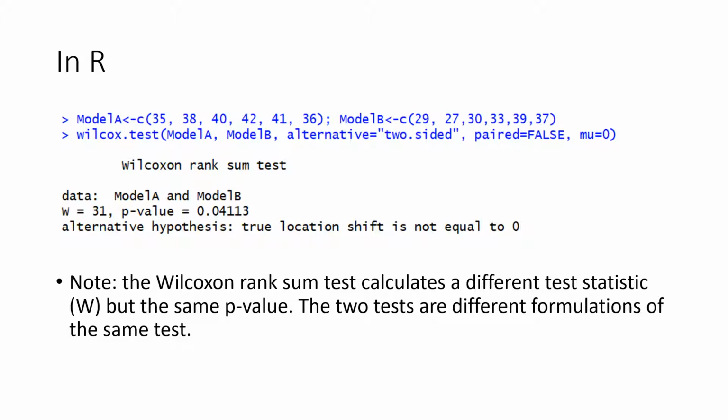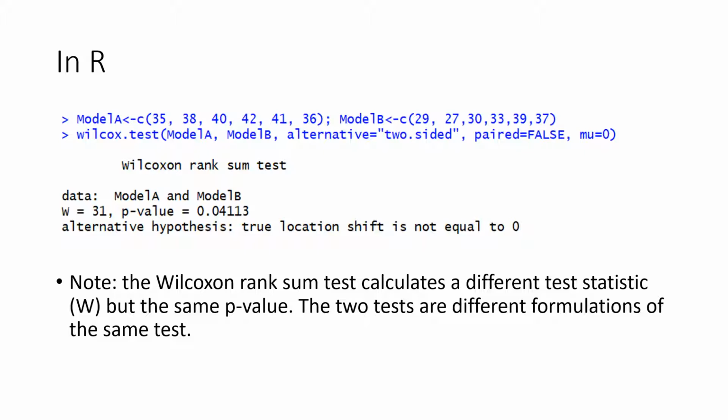My data are contained in the variables model A and model B. My alternative is two-sided, and mu equals 0 just means that I'm testing to see if there's no difference in means versus an alternative that there's some difference. And again, the Wilcoxon rank sum test comes out, and it gives us a different test statistic because the Wilcoxon gets to the p-value in a slightly different way, but it gives us the same p-value except for some rounding error associated with the table.